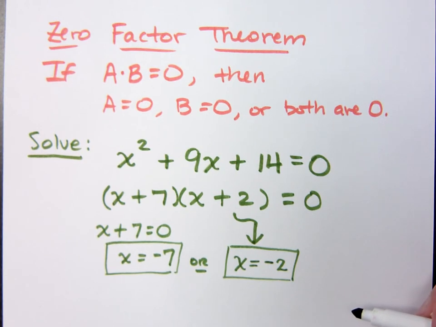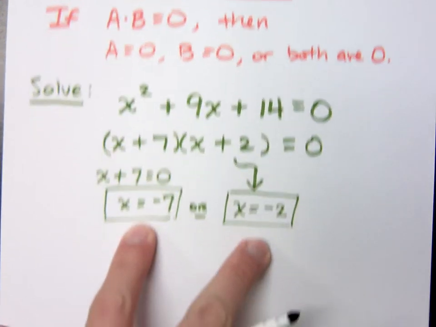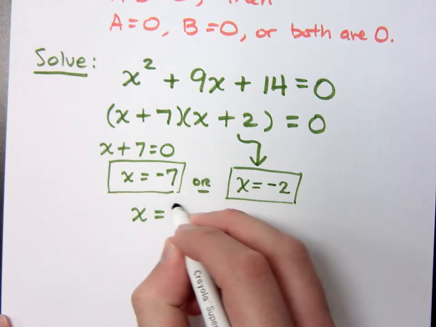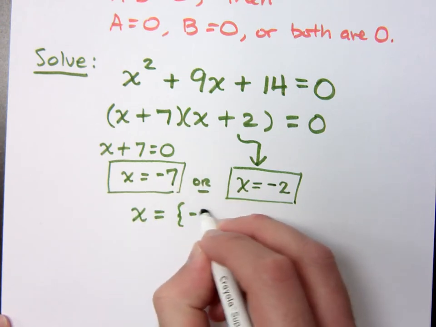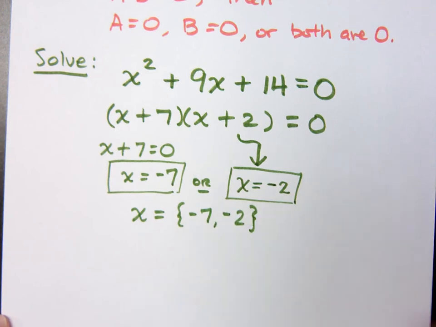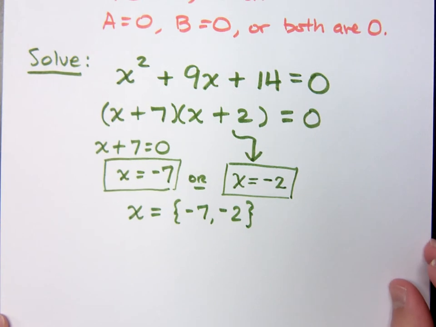Questions about that? So how do we write your solution set? Don't we put them in brackets? You can just write it like this. Another way you could write your solution set would be this. You use set builder notation, those curly brackets. It's not an ordered pair, you're just listing those solutions.